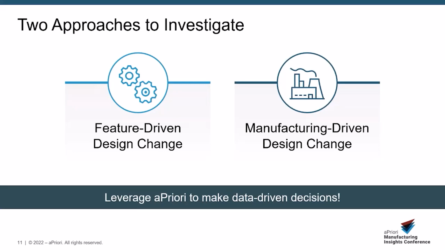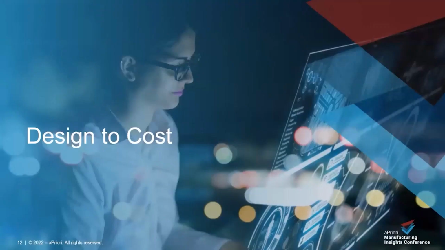With both of these throughout the process, we'll use aPriori design to generate cost implications and manufacturing implications of each action and use that to make data-driven decisions. Let's start with the lens of Design-to-Cost. Here we are considering design changes with a focus specifically on hitting that $5 target cost.